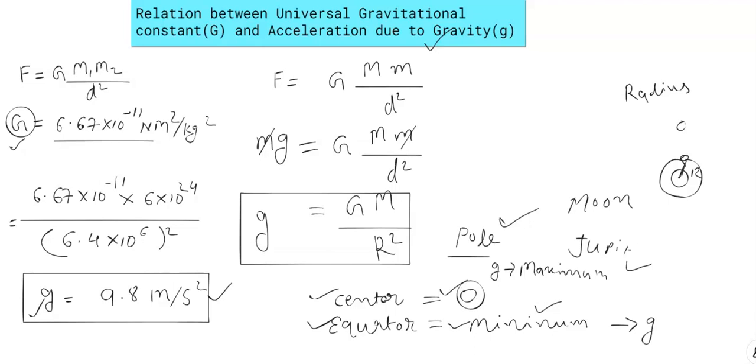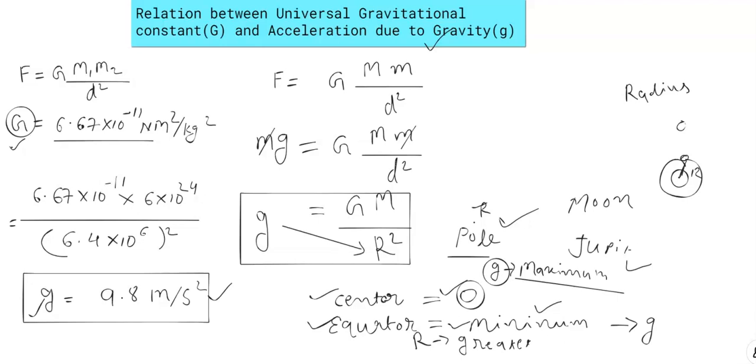Why? Because the earth radius is minimum here. So the g value is inversely proportional to the distance, the radius. So it is the maximum at the pole. And at the equator, the r value is greater. Here, the r value is greater. The g value is inversely proportional to r square.